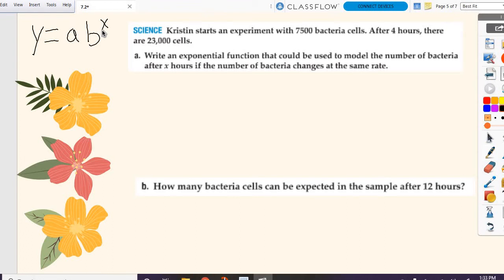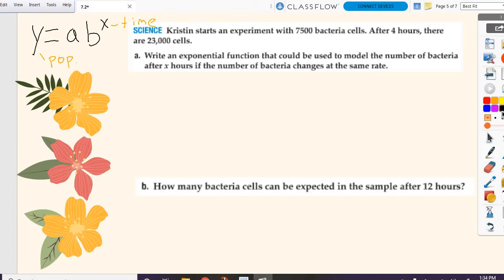So a big thing is that they tell us that our x represents time, which makes sense because remember that time is going to be our independent variable, which is what x is as well. What that means then is that our y, which is our dependent variable, is going to represent our population.